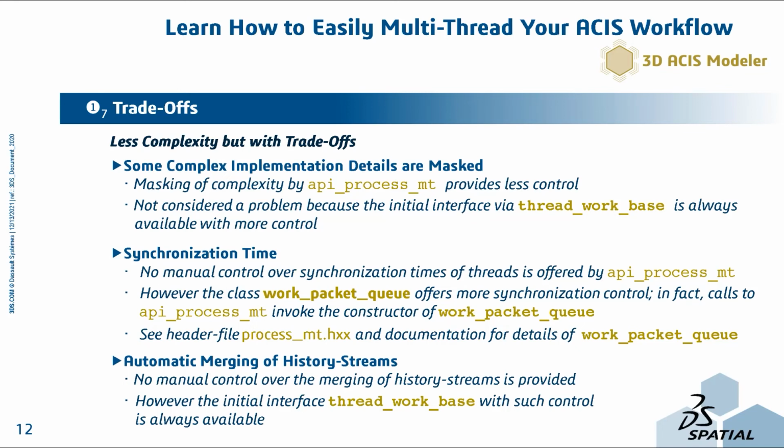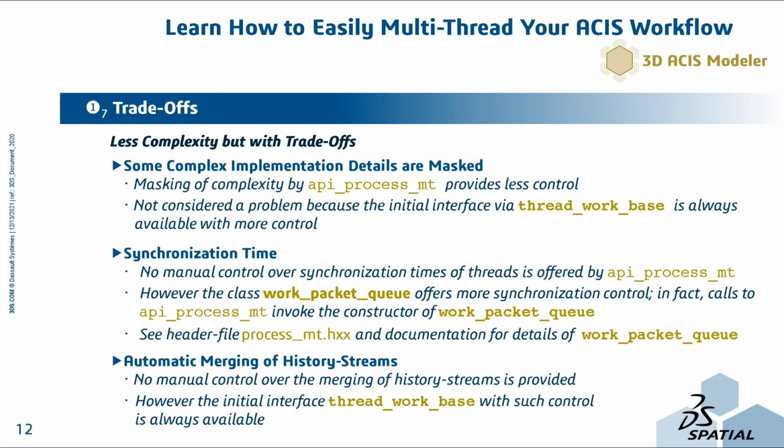In particular, the new interface offers less control because it masks the complexity of Thread Work Base. Nonetheless, if a developer wishes to have more control over multi-threading, then the long-standing interface, Thread Work Base, is always available. Two specific details regarding synchronization time and merging of history streams must be mentioned.